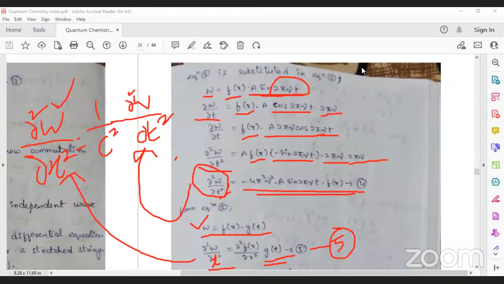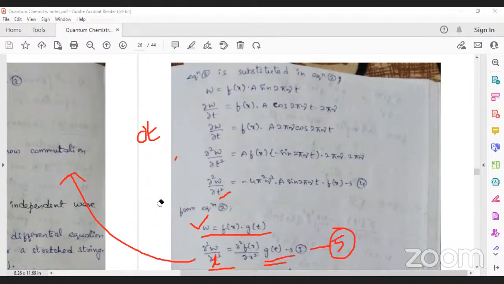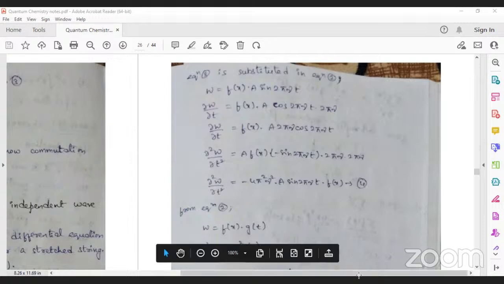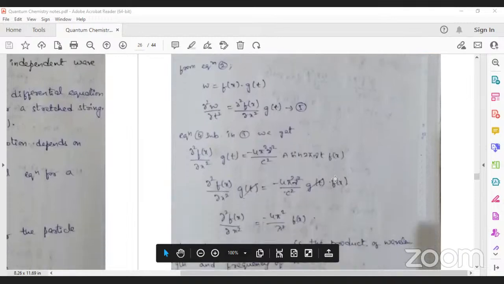After substitution in this equation, we will get one new equation. That new equation will be simplified and we'll get the Schrodinger wave equation. So that is the thing we'll see on the left hand side. Therefore, substitution of these two equations.